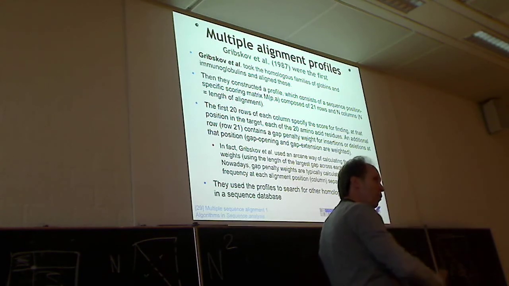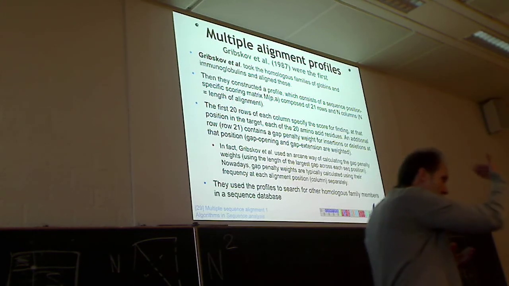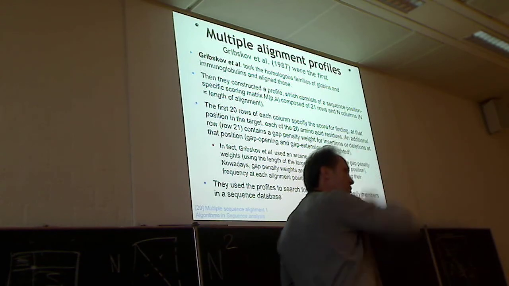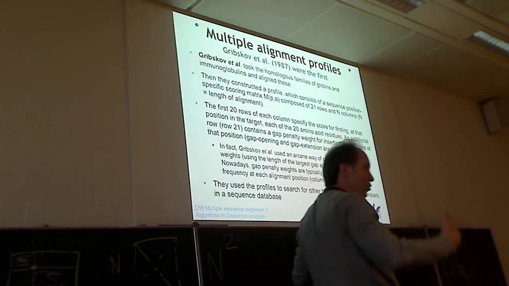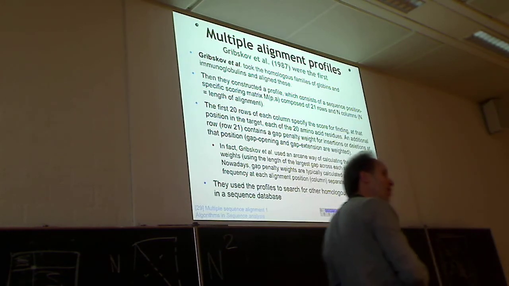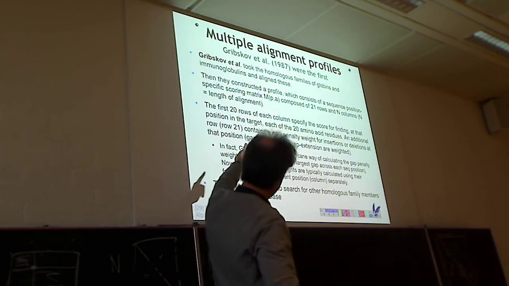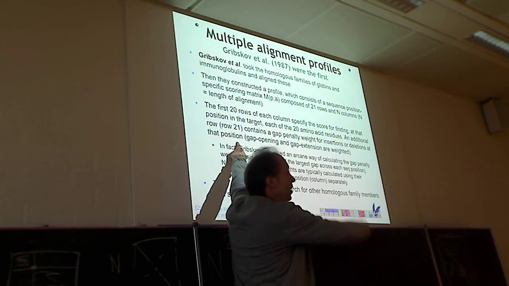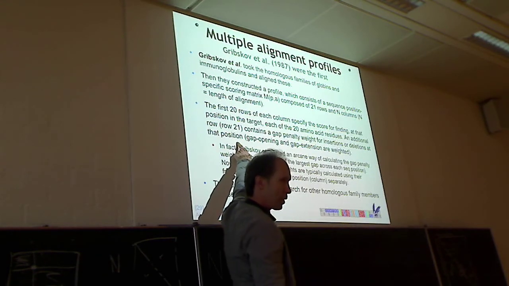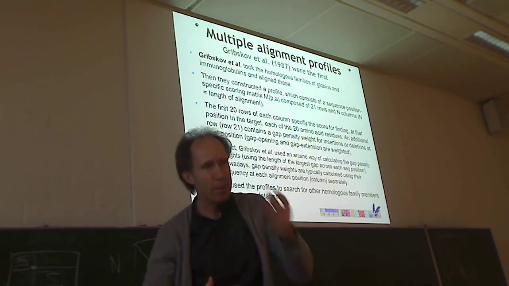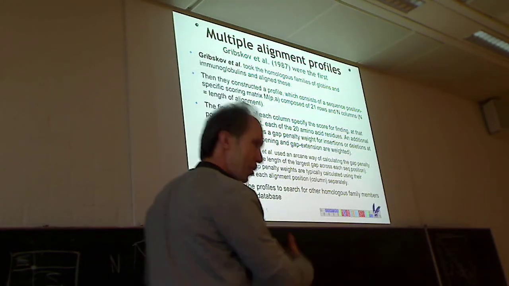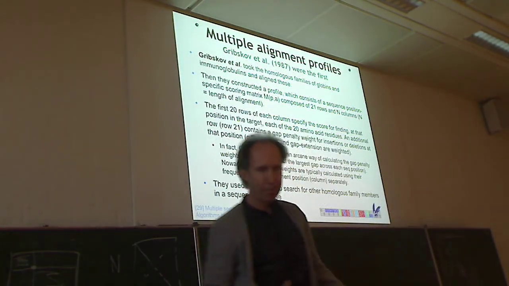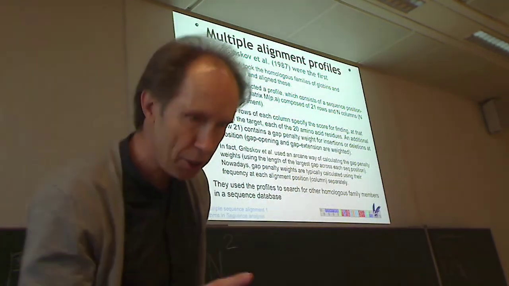So we get the sense of whether it is totally conserved. Then you get a high likelihood for a single amino acid. If it's not conserved, the likelihood is more spread. And then they already inserted an extra row, so in each column, position 21, to put in an adapted gap penalty depending on the situation in the alignment. And they did it a bit funny. I'll show you that picture here.